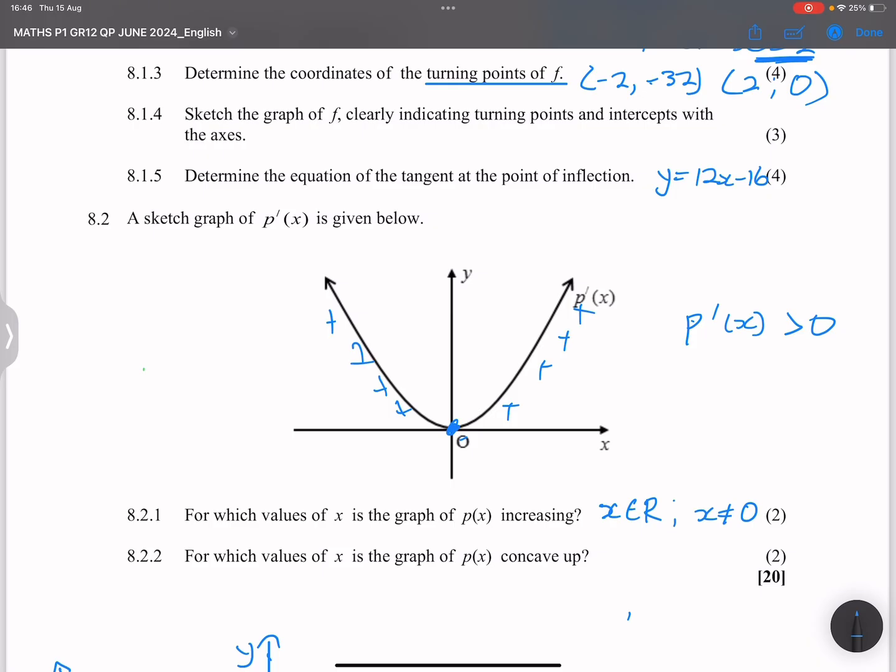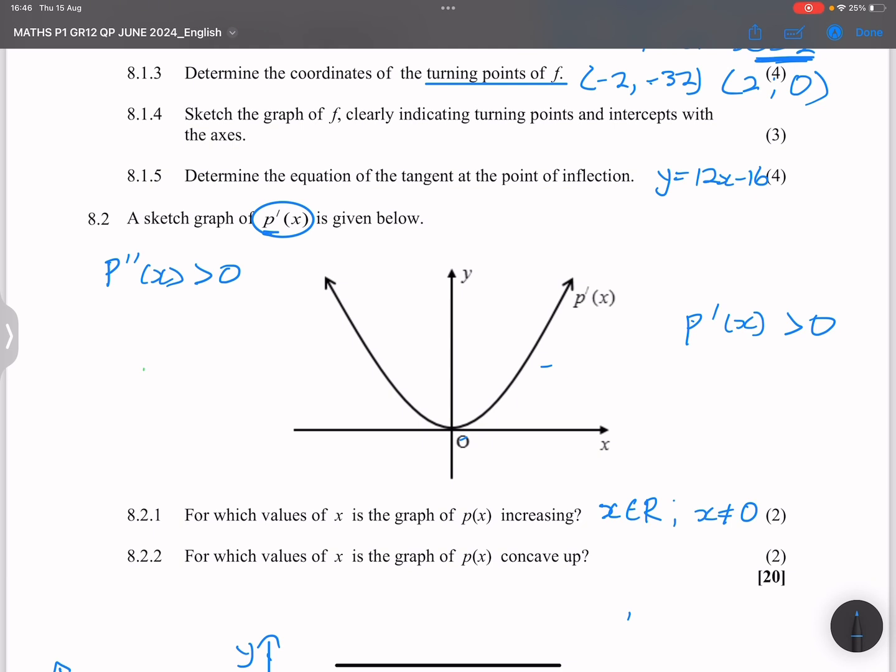The double derivative, so meaning the gradient of this graph, because this will be the gradient of P prime x, should be greater than 0. That means that the derivative of the derivative of x should be greater than 0. That's when we've got a structure that's concave up.